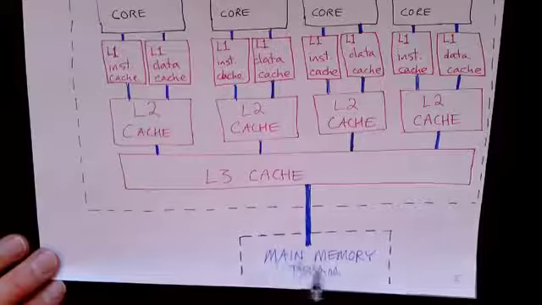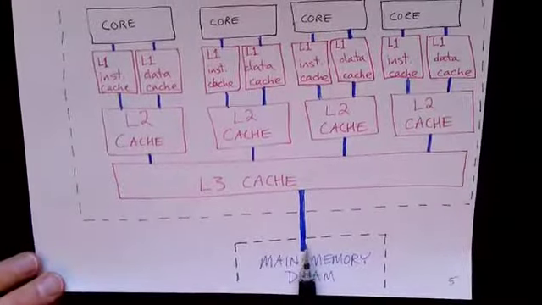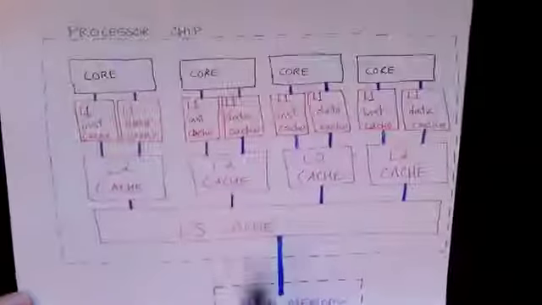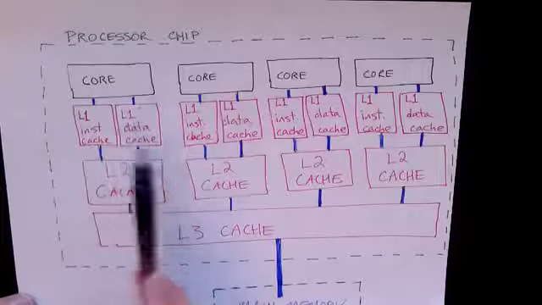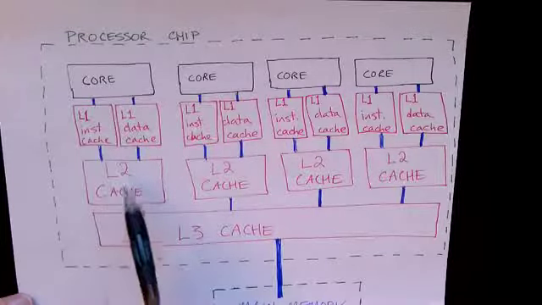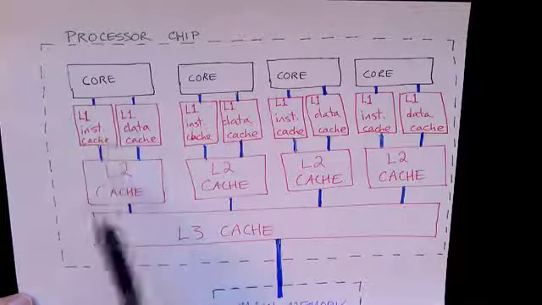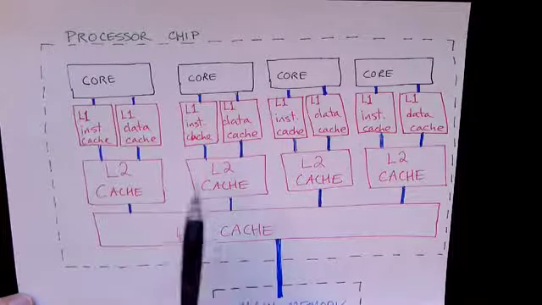Down here you have the main memory, which is not on the chip. It's on some other chip or chips. The cores have their own private caches. The L1 and L2 caches are private to a particular core, whereas the L3 cache is shared among all of the cores.